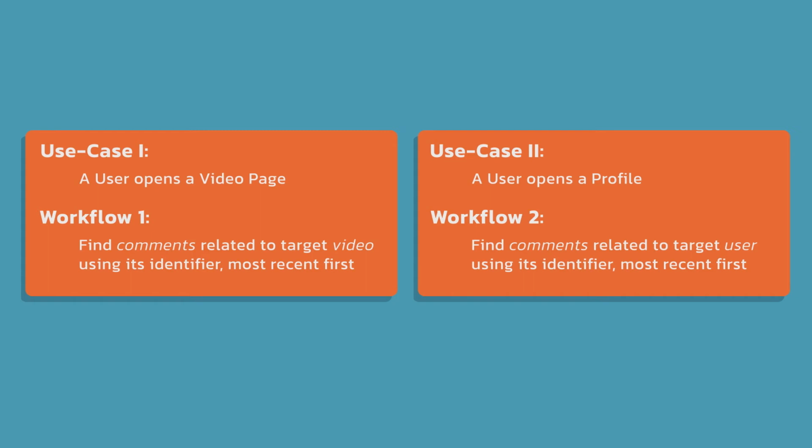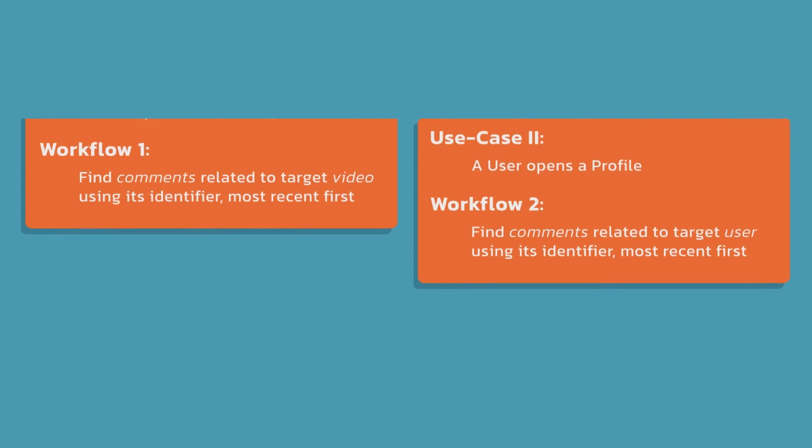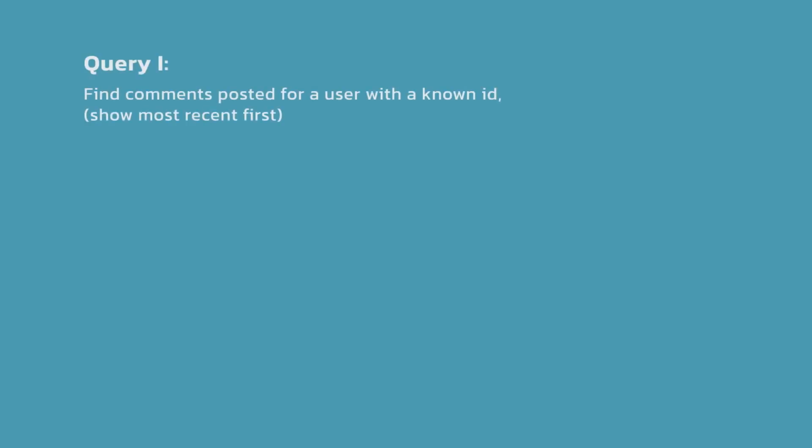So right now, those two simple application workflows, we're starting to map out what our data model is going to look like. So the next thing I want to do is generate some pseudo queries based off of that. So query 1 here, find comments posted for a user with a known ID, right? So by some ID, I want the comments. Now, if you look on the right-hand side, you're going to see this little pseudo table, comments by user. So in Cassandra, the convention we use for a table name is whatever the payload is by whatever I'm partitioning by.